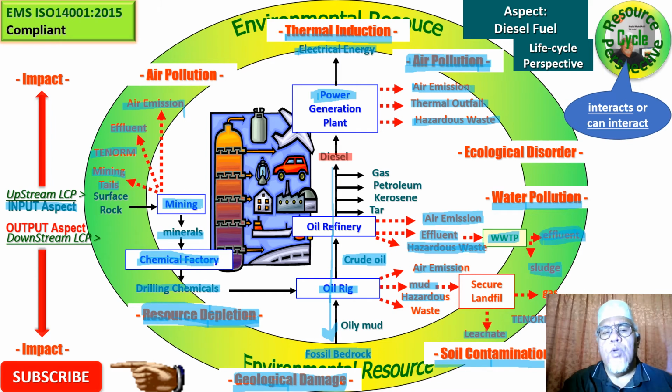But most popularly, the combustion of diesel in a power generation plant is causing air pollution, and that power generation plant generates electrical energy, which is being used by electrical machines, equipment, and appliances, and that causes other downstream environmental impact. I hope this suffices the life cycle perspective of diesel.